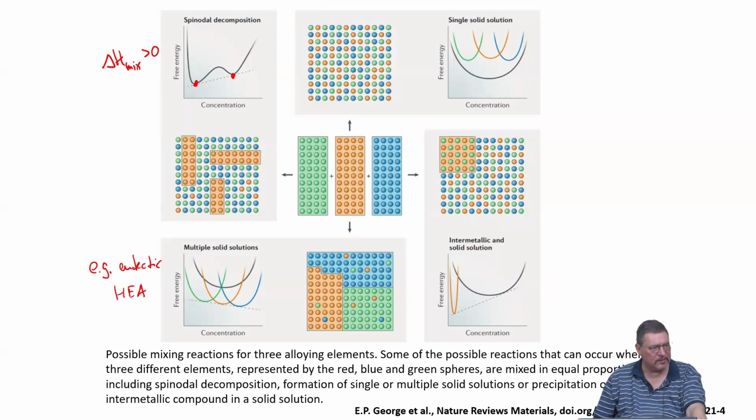High entropy alloys. So you have 2 phases that coexist together, and both of them have multi-principal alloying elements. You could get intermetallic and solid solution forming 2-phase equilibria. So it means CCAs would be this type of thing.